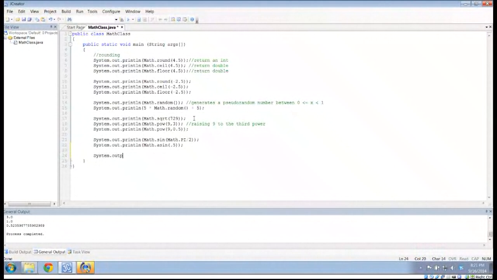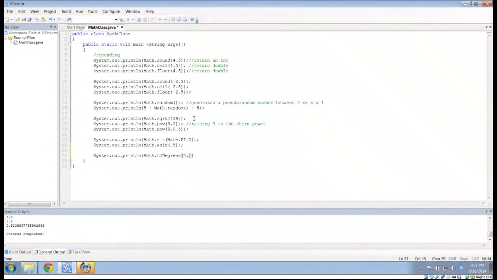So math also has two methods we can use. I can do math.toDegrees, and it'll take a number that's in radian mode and convert it to degrees.